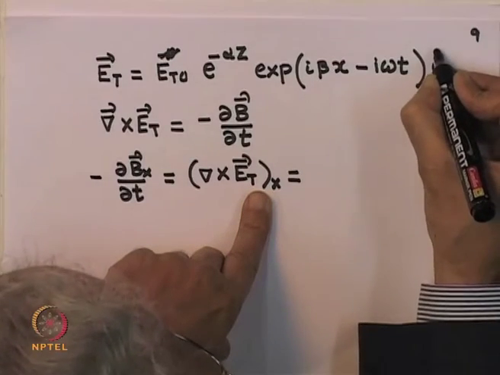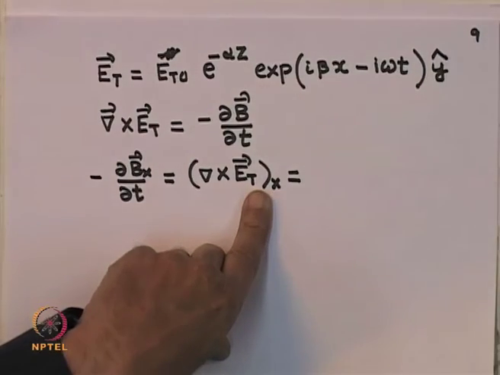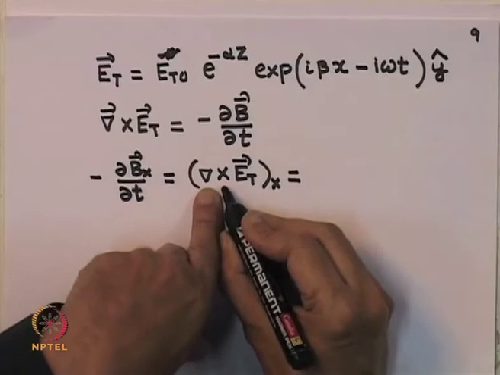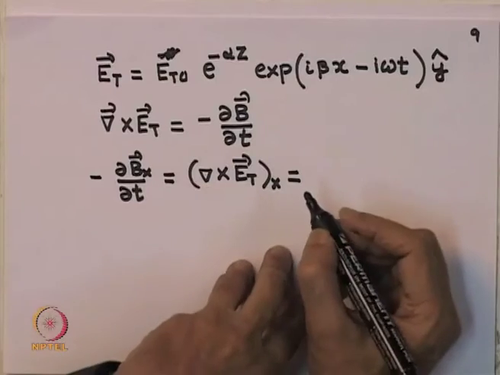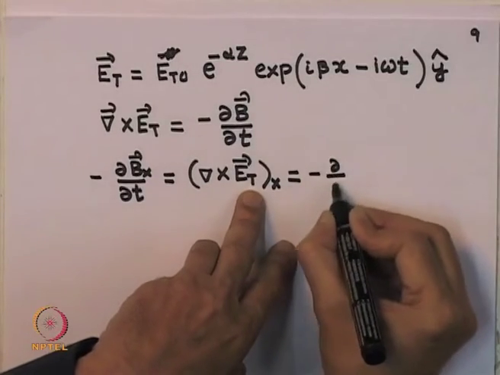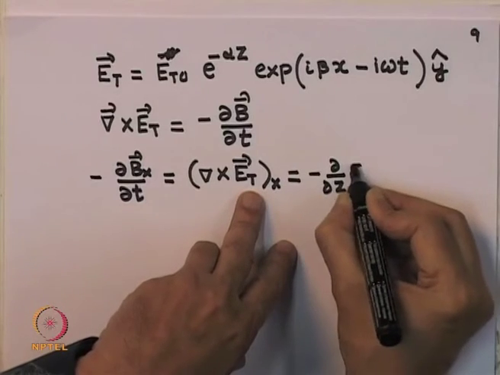So, let me take the electric field along the y direction. Now, if I am doing del cross E_t's x component, this is minus d by dz of E_y, this is the only thing that survives.